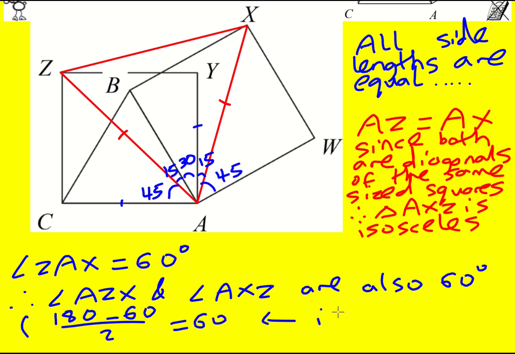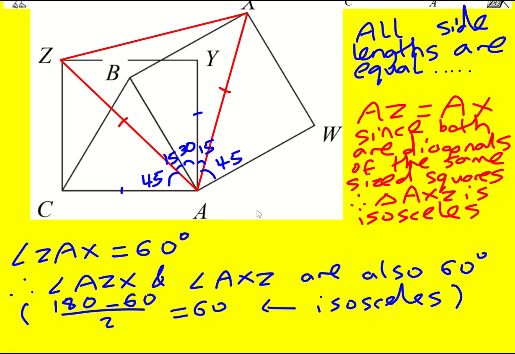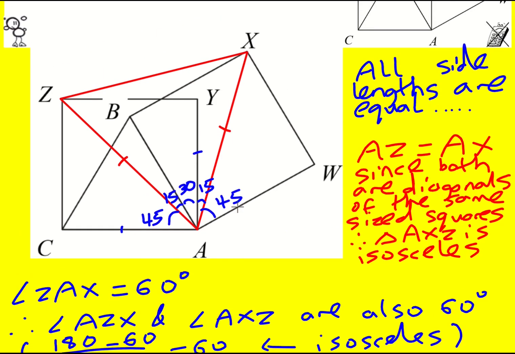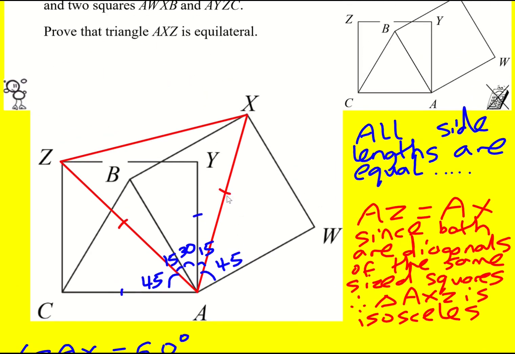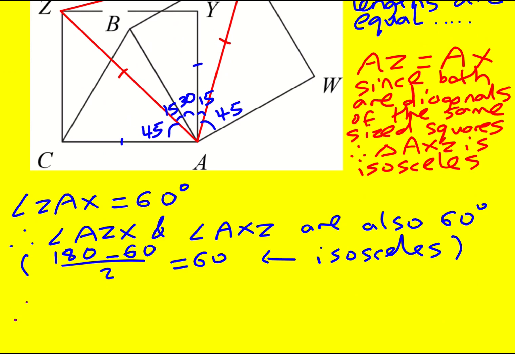And that's the isosceles bit. So it can be that quick actually, because they're all 60 degrees, then AXZ is equilateral.